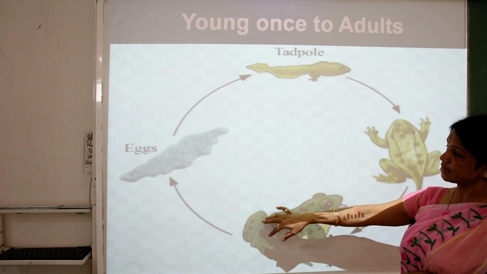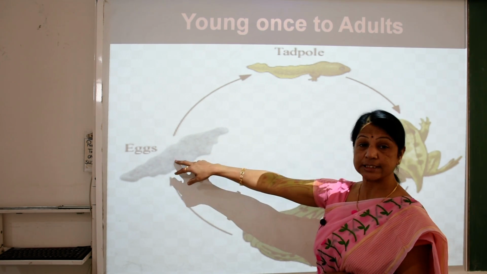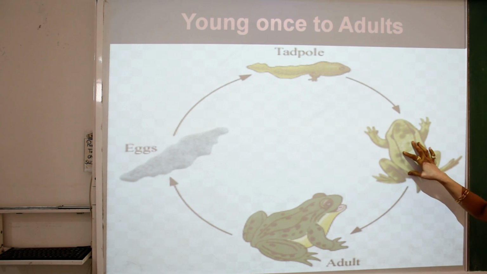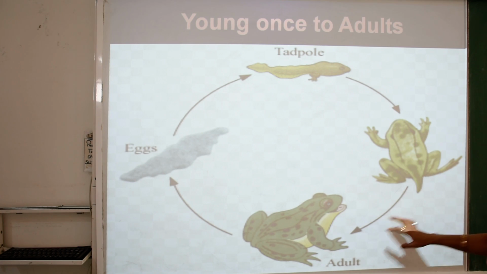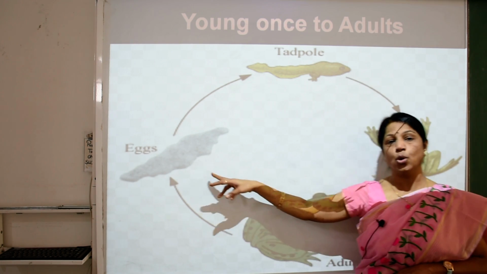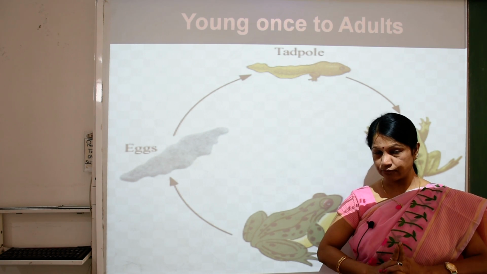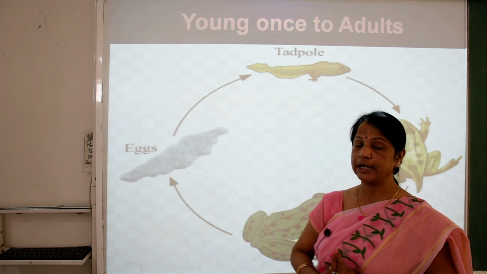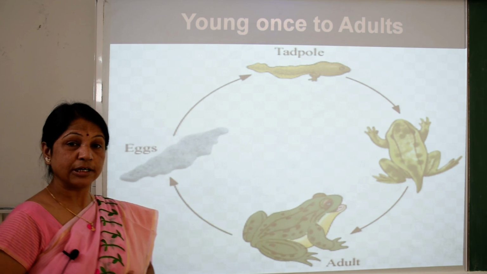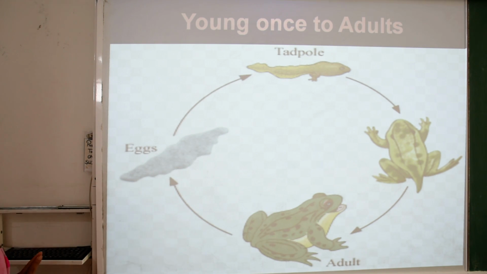So how does it start? When the eggs turn into the tadpole, the tadpole turns into the small frog, then the adult frog, and this whole cycle is called the process of metamorphosis. In simple words, it is the development of the frog.